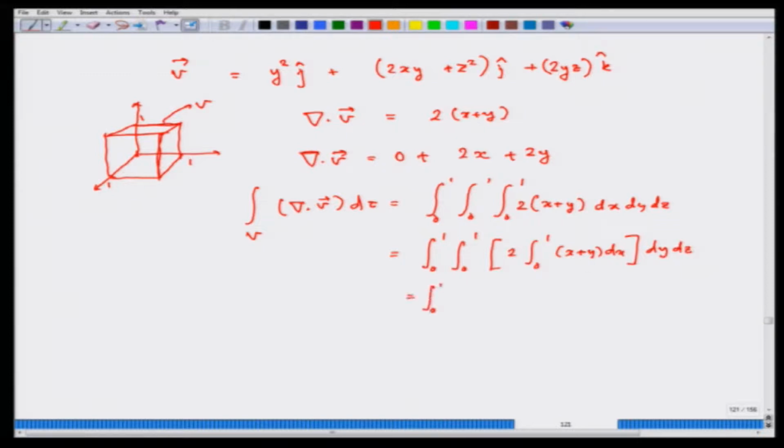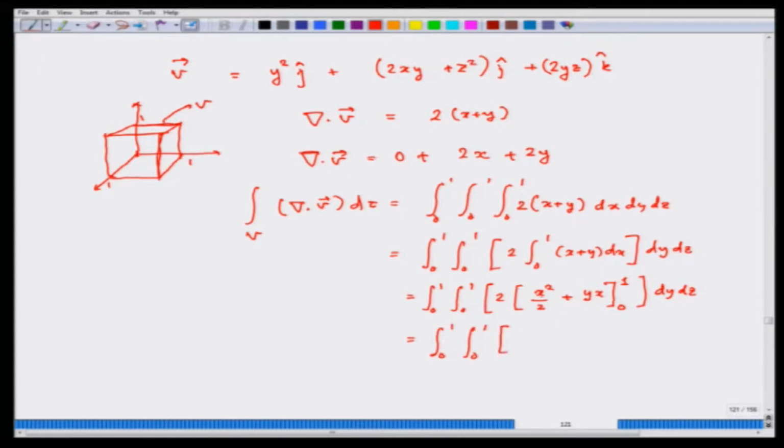You know what this will come out to be. This will become x square by 2 plus yx, from 0 to 1, dy dz.